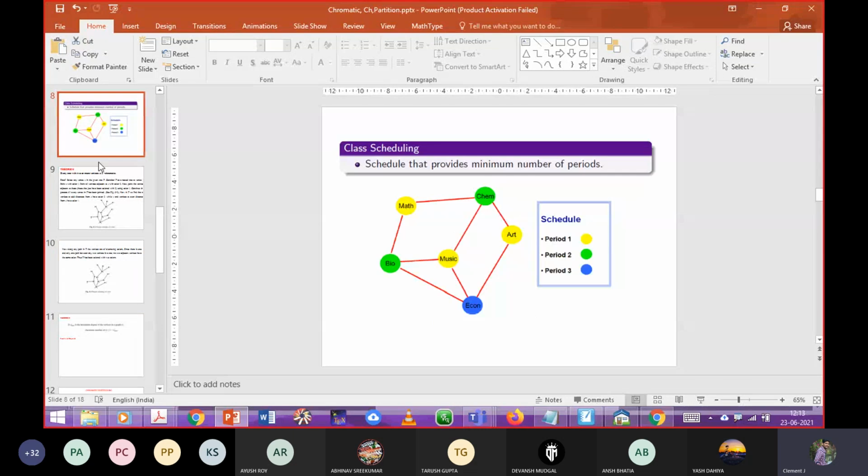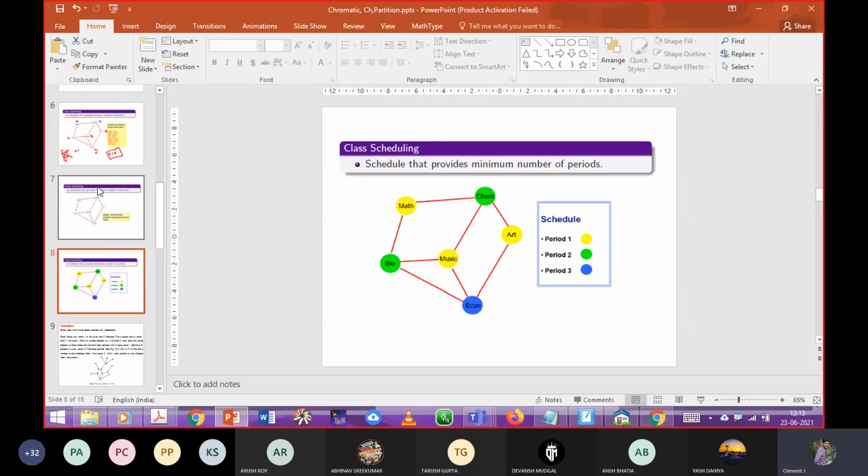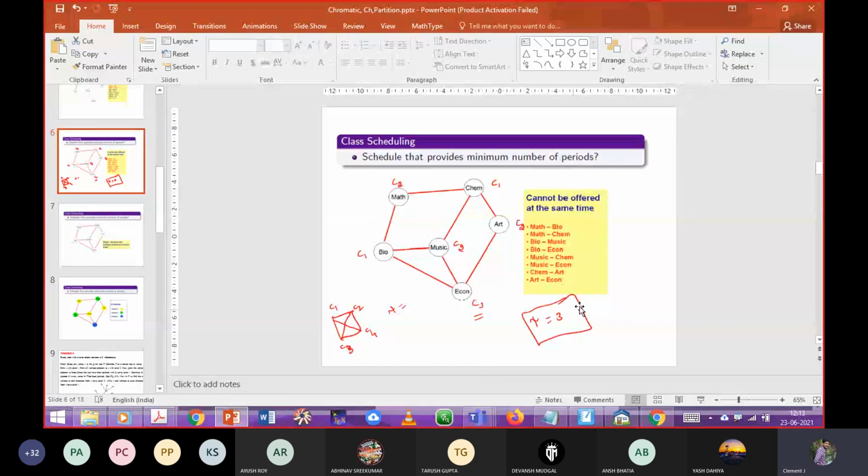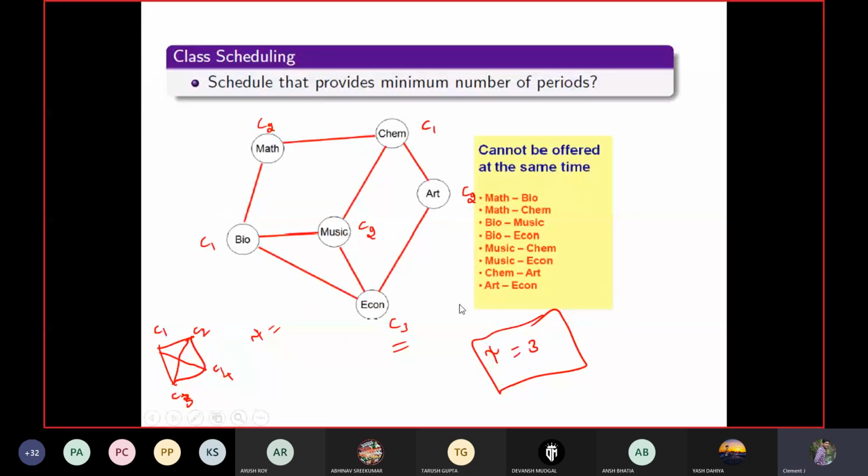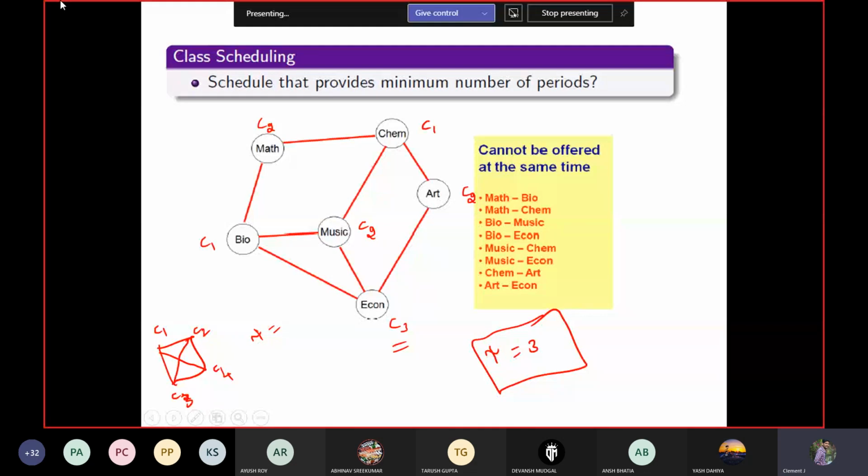See here, in this example we were applying the chromatic number, that means we are reducing the colors.